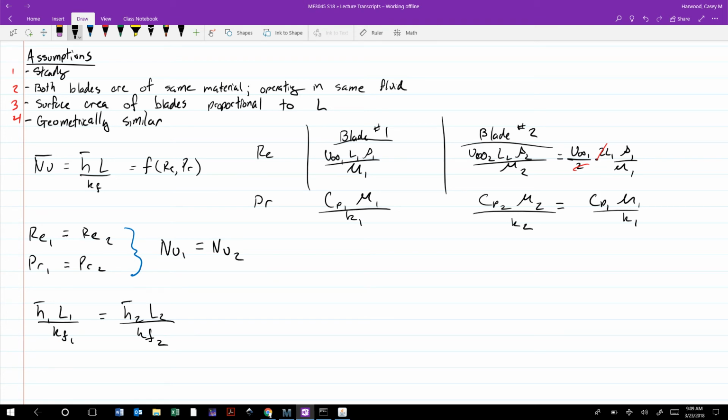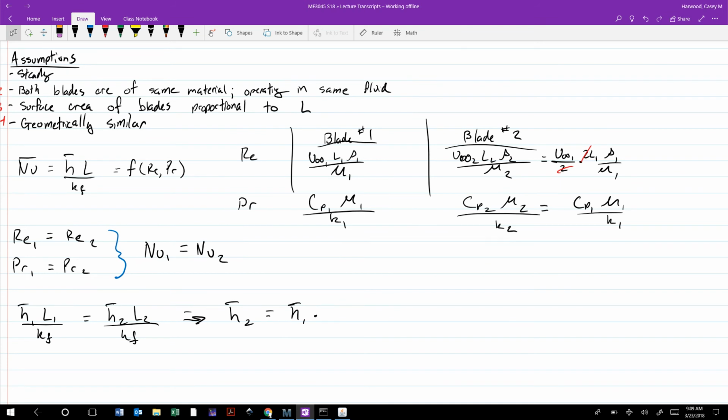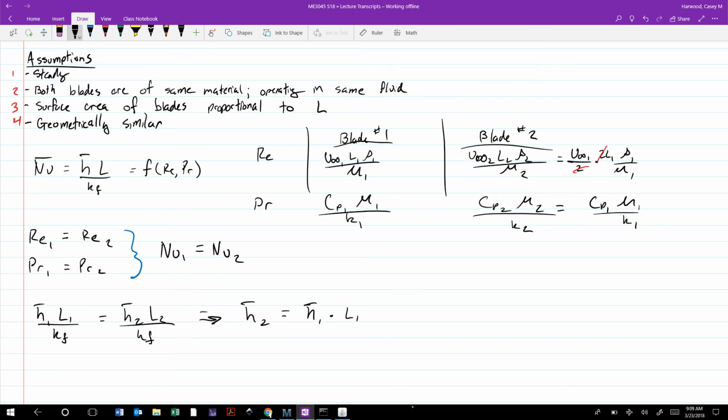We've already said that KF1 and KF2 are the same, so we can get rid of those subscripts and just leave it as KF, which is constant. And so we can solve for h bar 2, which is equal to h bar 1 times L1 over L2.